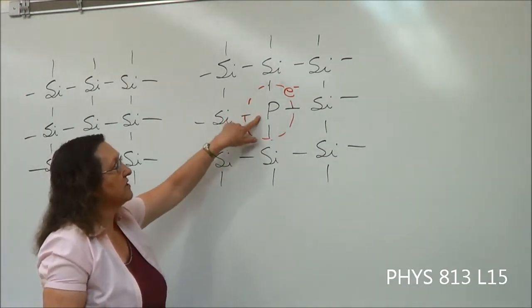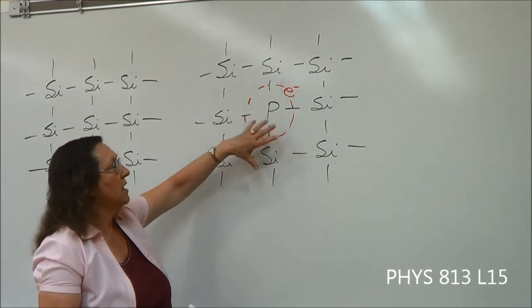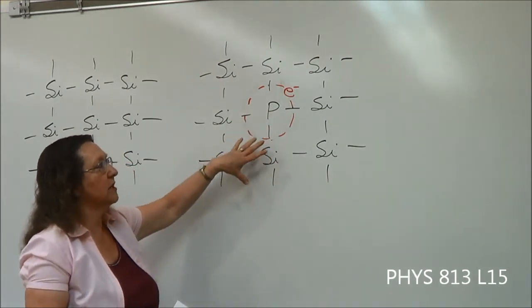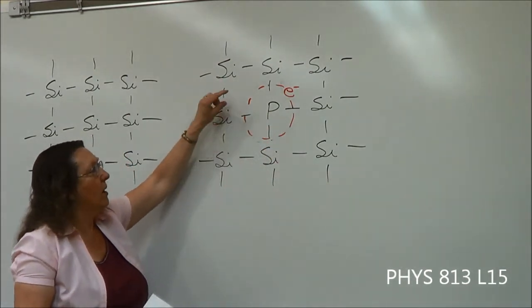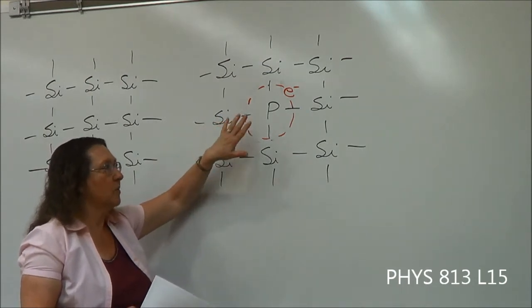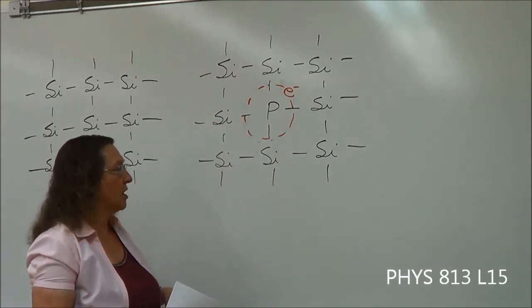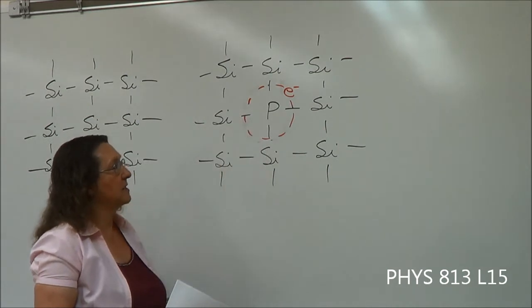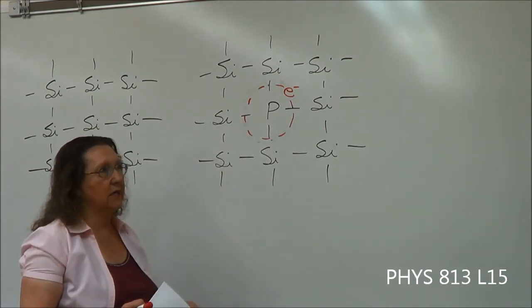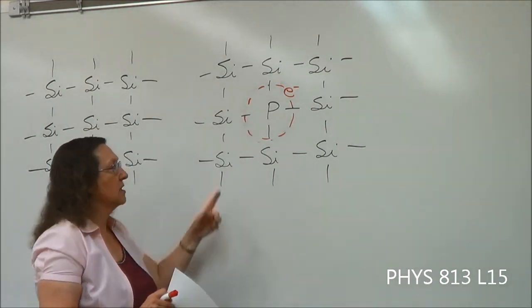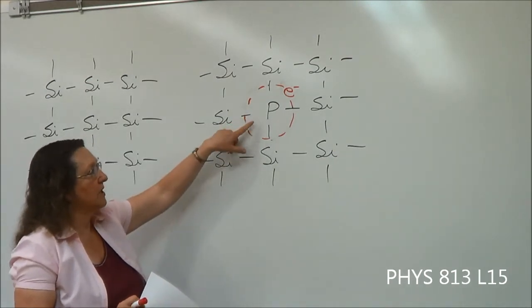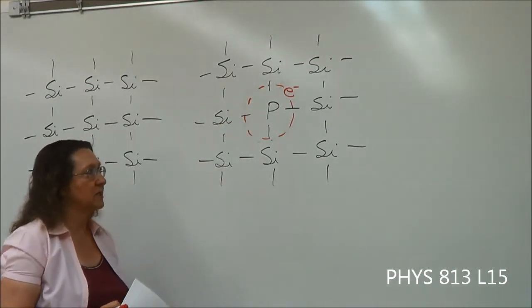is a phosphorus atom is put into this silicon crystal. I don't remember exactly the ratio. There's not a lot of them. It's like 1 out of every 10 to the 5th or 6th silicons is replaced with a phosphorus.